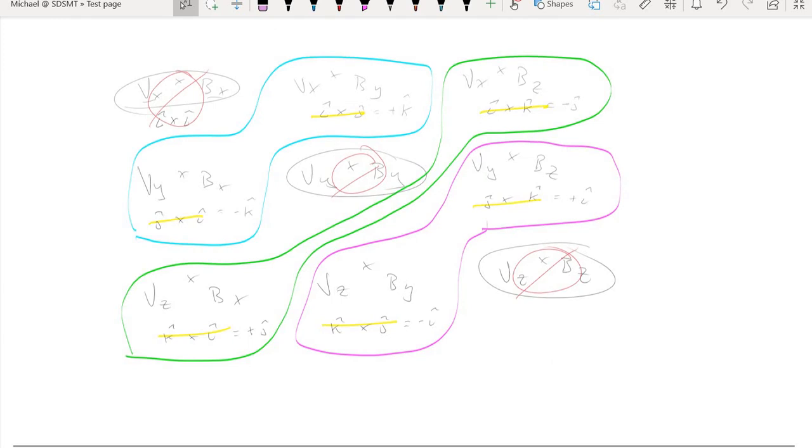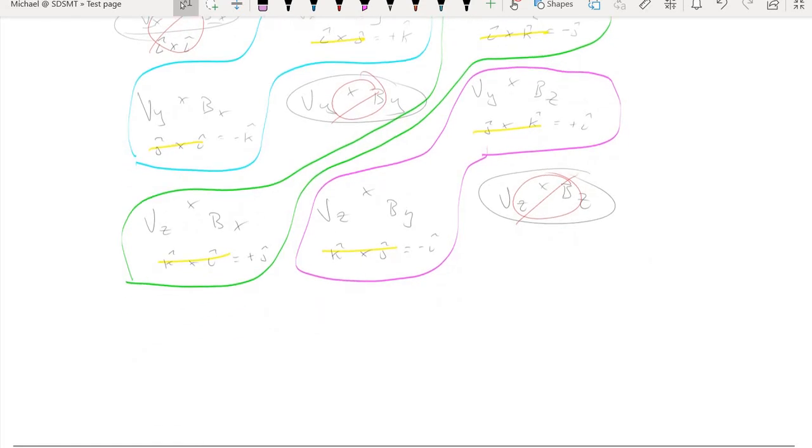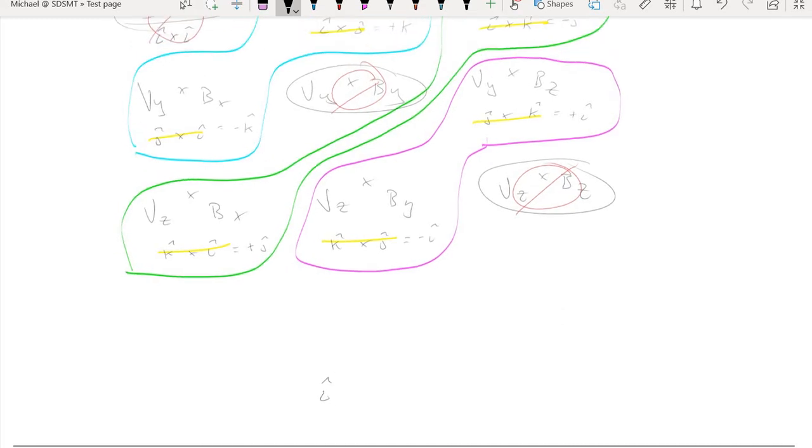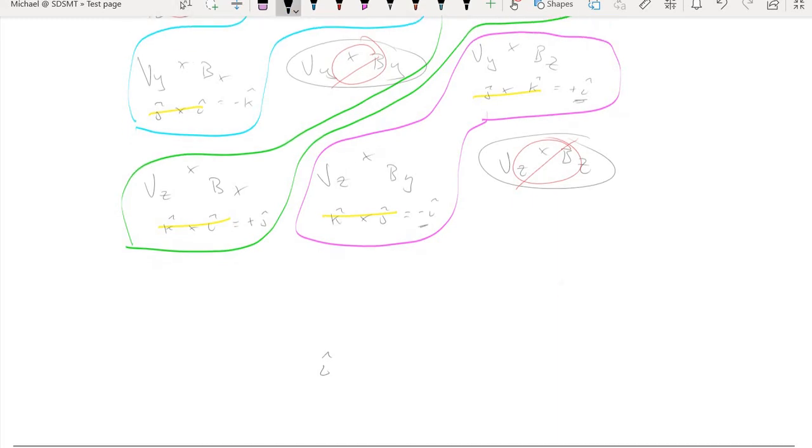So I'm going to put everything together now into a single statement, and you'll see why I'm putting together the things in the way that I am. I'll start with the i hats. I have my 2 i hat terms that I've circled in the purple highlight here. One of them is positive, one of them is negative. And after we take care of the cross product portion, remember that the cross product is hiding a sine theta.